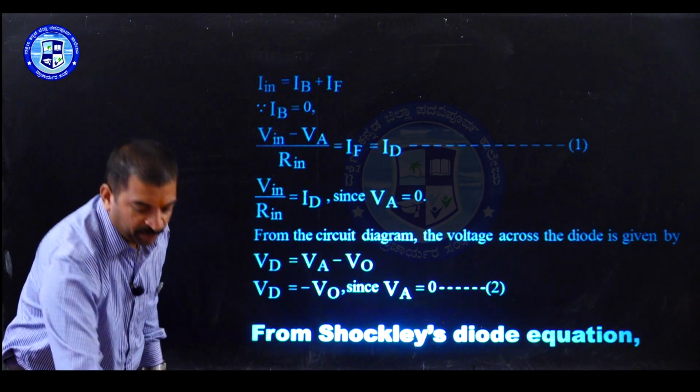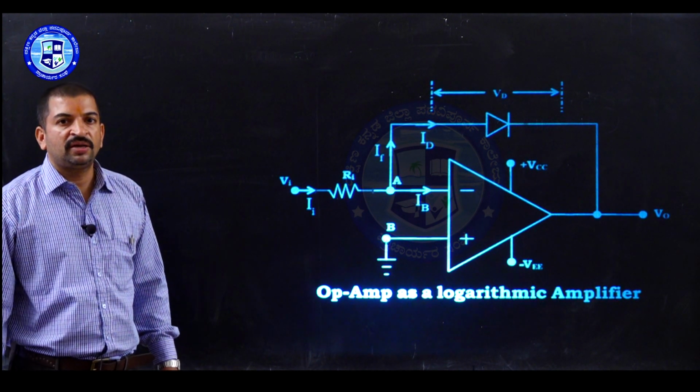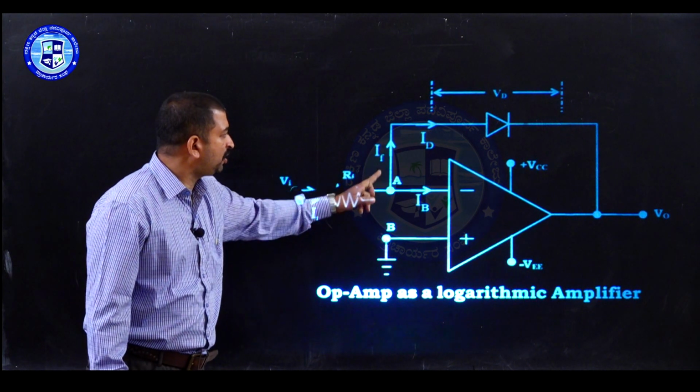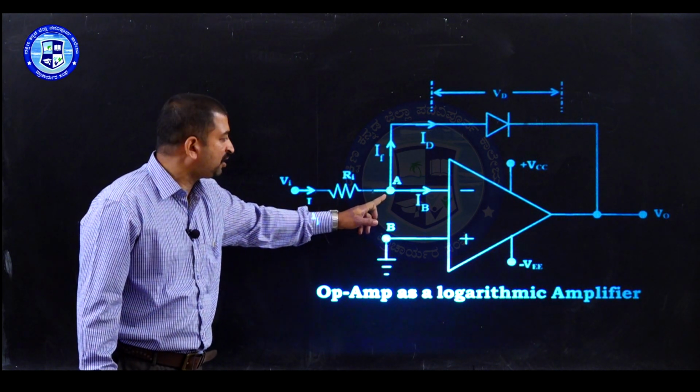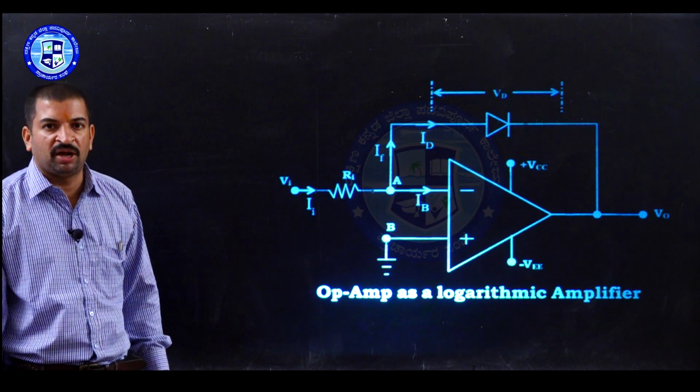Let us consider this equation as equation number 1. For this particular circuit, the current flowing through the semiconductor diode is Id. One end of the semiconductor diode is at virtual ground, and the other end is connected to the output terminal.